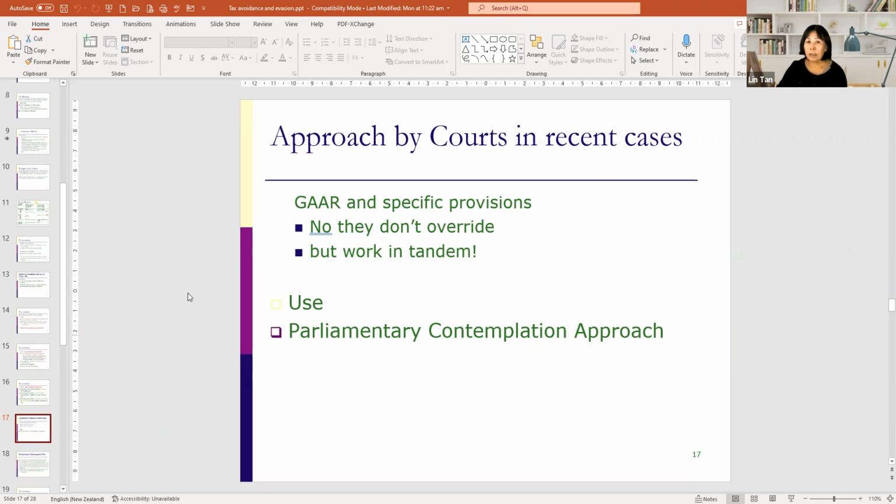And it has become very clear now that the general anti-avoidance rules don't override the specific provisions within the legislation, but actually work in tandem. So they're going to see, if somebody claims an expense which is allowed in the Act, is that within Parliament's intention? When Parliament first enacted that rule, is it what Parliament intended to work out in that sort of way? Right? So that's what is meant.